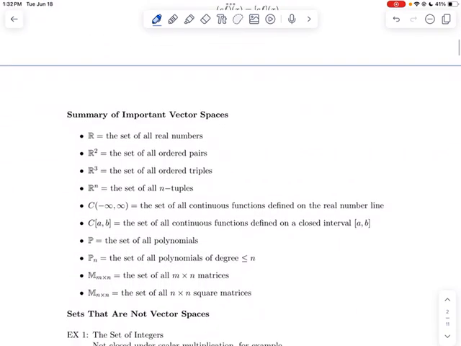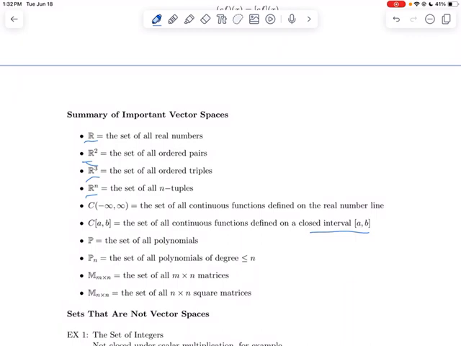Okay. Now, a summary of important vector spaces. We already talked about these. ℝⁿ is a vector space. The set of all continuous functions defined on the real number line is also a vector space. Also, C[a,b], the set of all continuous functions defined on a closed interval [a,b], is also a vector space.